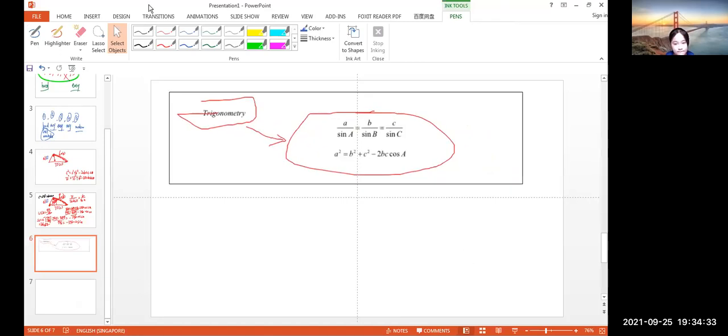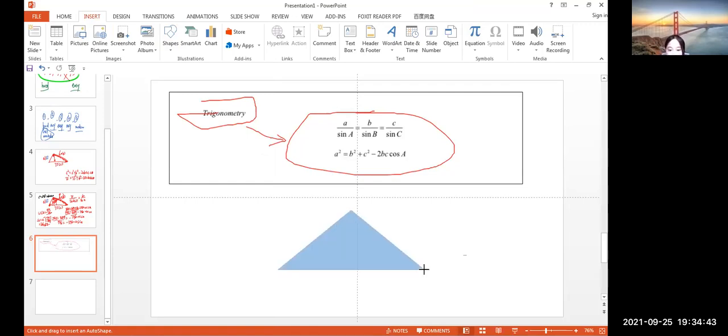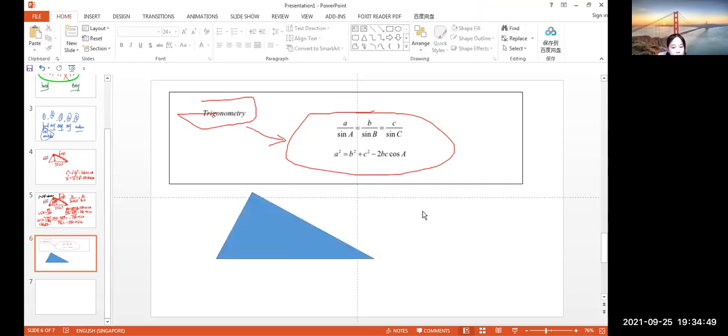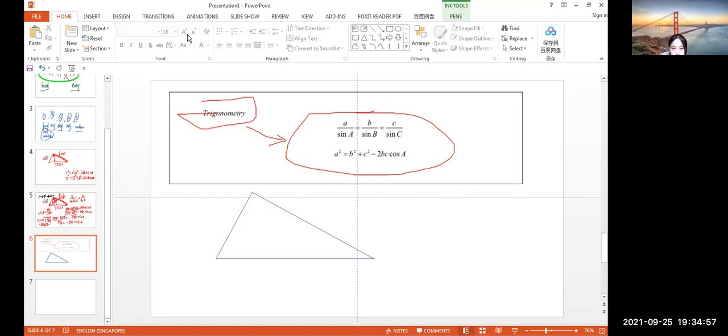Okay. So first, what I want to say is these two formulas, they only apply to triangles, any triangles. So if I have a triangle, I label them first.